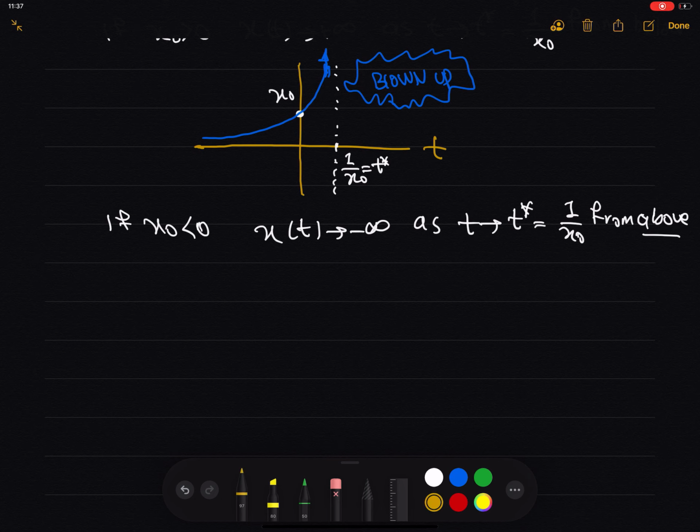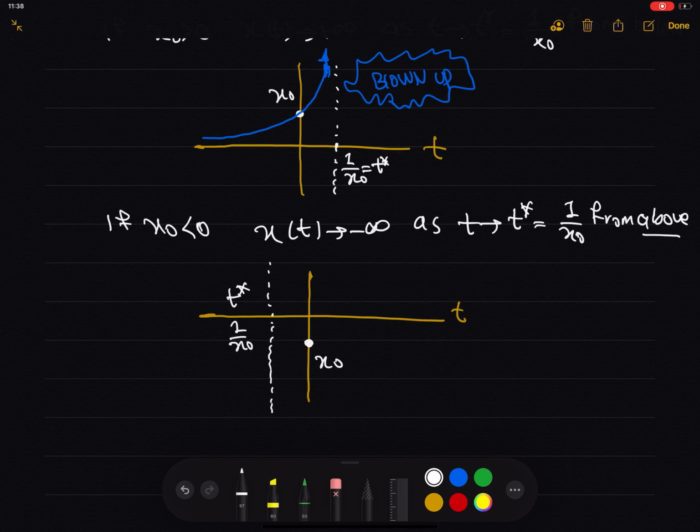If we plot it, this time x0 is negative, and here we can say is t star, which is 1 over x0.